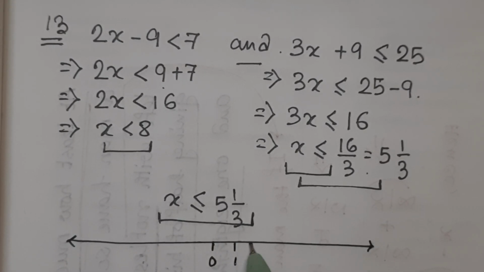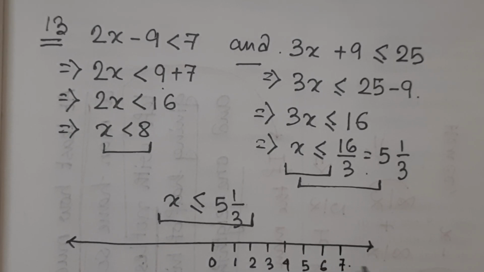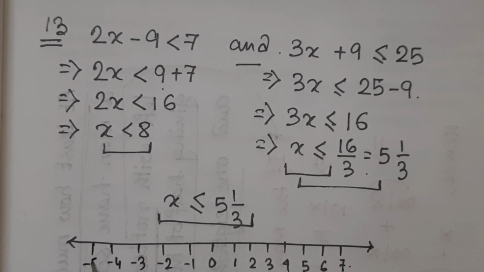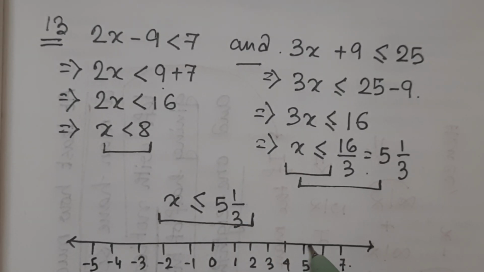0, 1, 2, 3, 4, 5, 6, 7 and here -1, -2, -3, -4, -5. Now see, 5 and 1/3, that means 5 and 1/3.